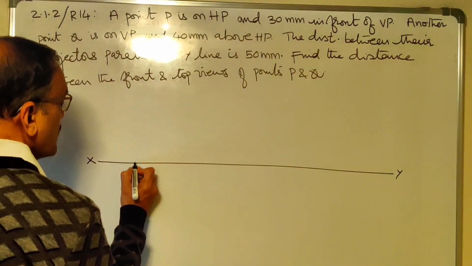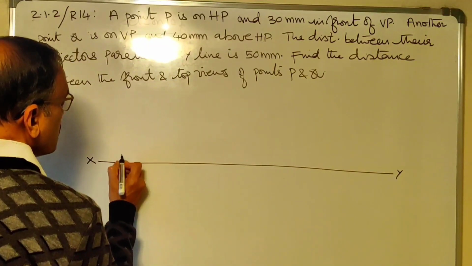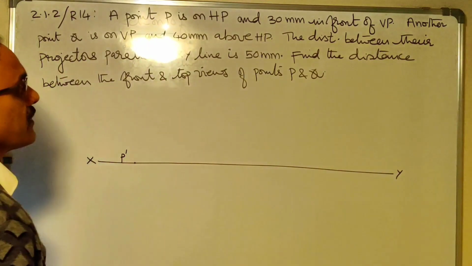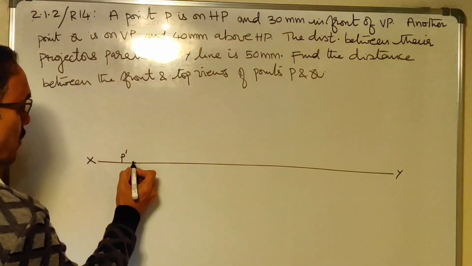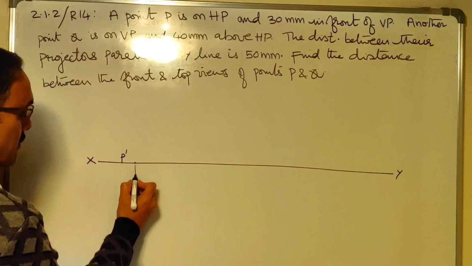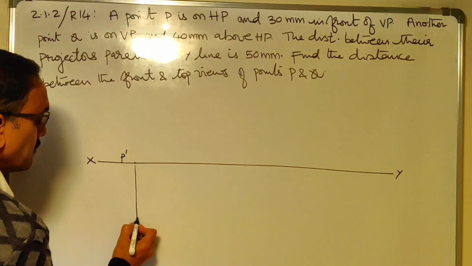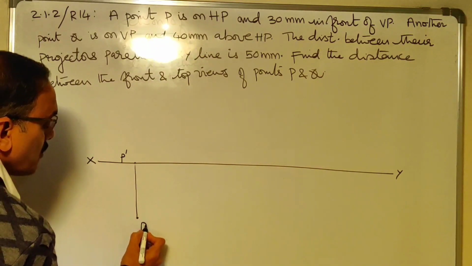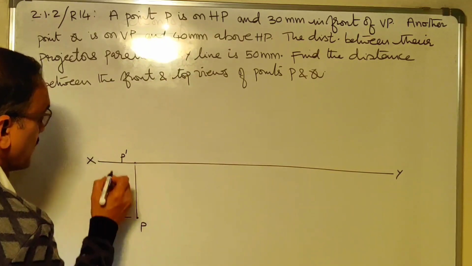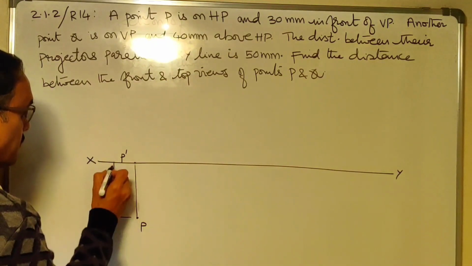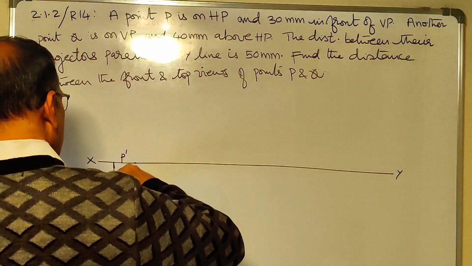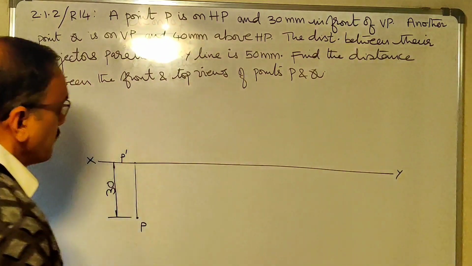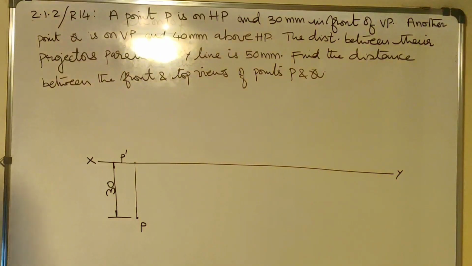When I say on HP, I represent the front view. This is P dash. 30 mm in front of VP, so the top view should come below XY. This is the top view of P and this distance is given as 30. This is about point P.